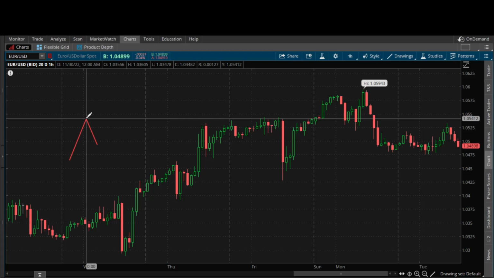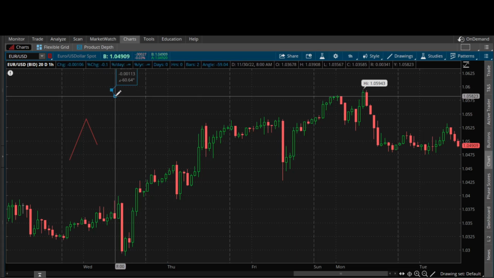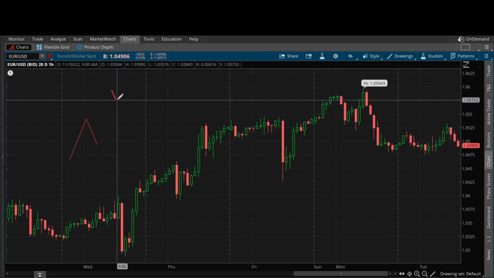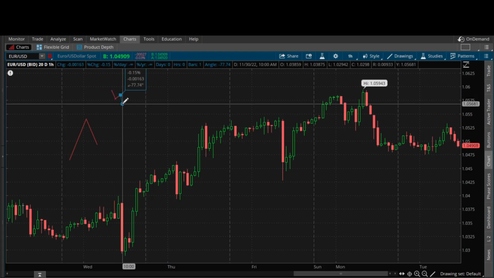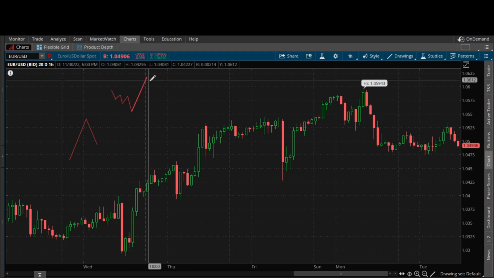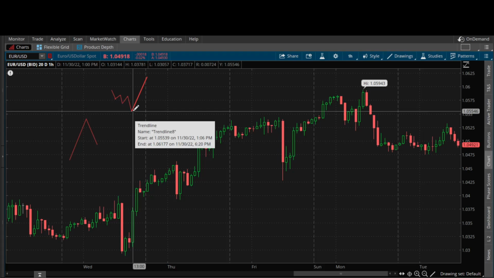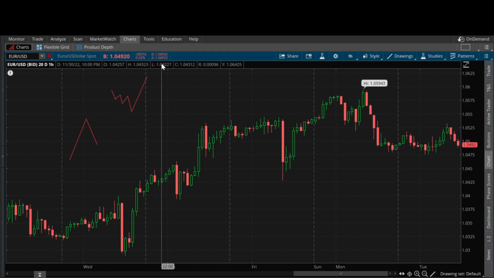And for support, it's just the opposite. So now look at my cursor again. Price sells off, it sells off, it sells off. And then what happens? Boom, it has a huge move up higher. This is the absolute lowest point that price moved to before it had that large move up.